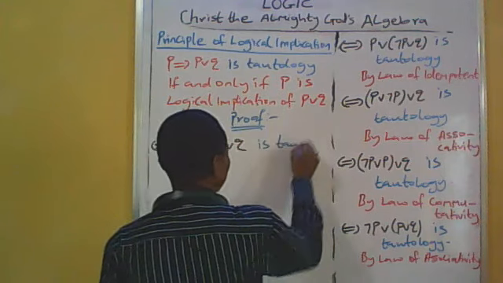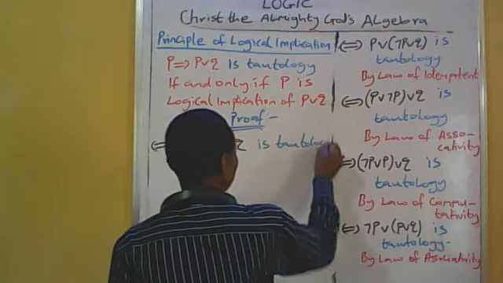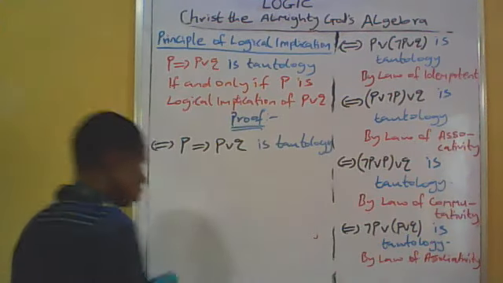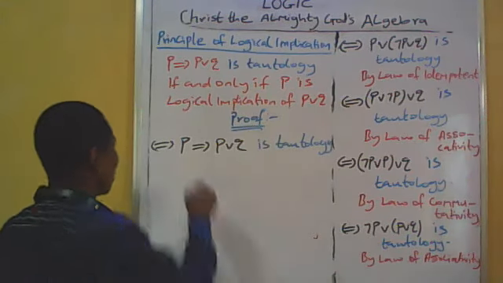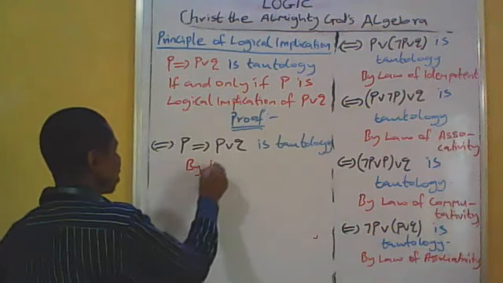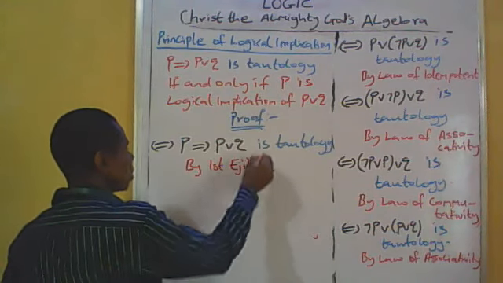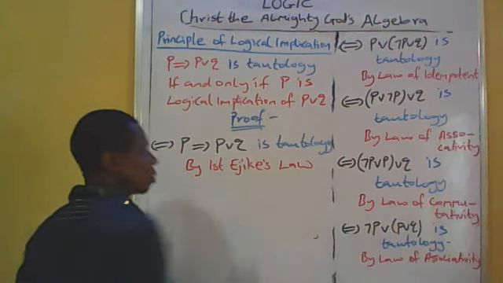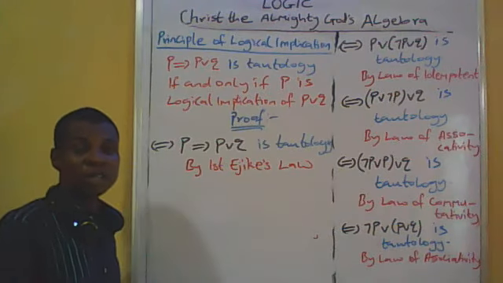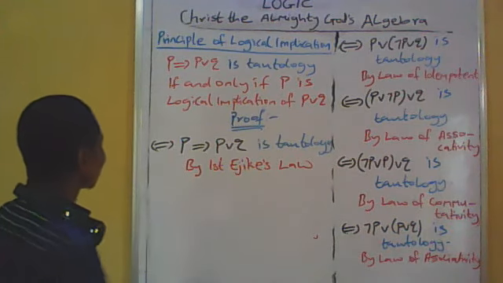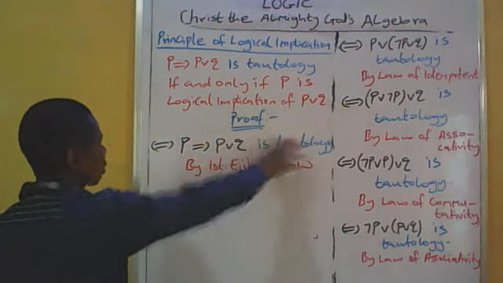Is tautology being justified by first implication law. Being justified by first implication law. We have now proved that P implies P or Q is tautology.